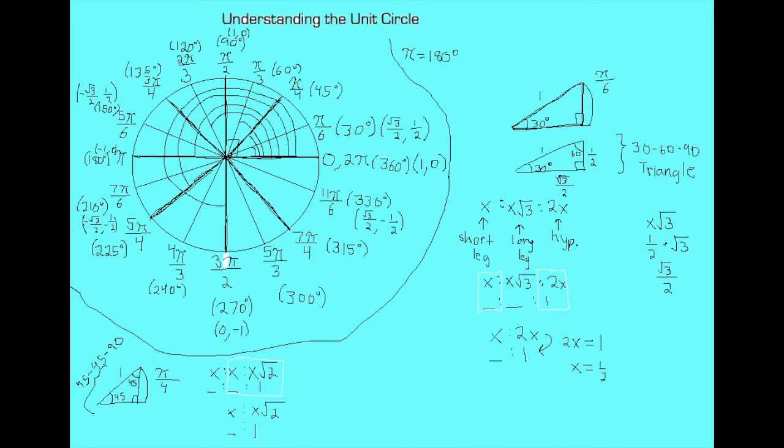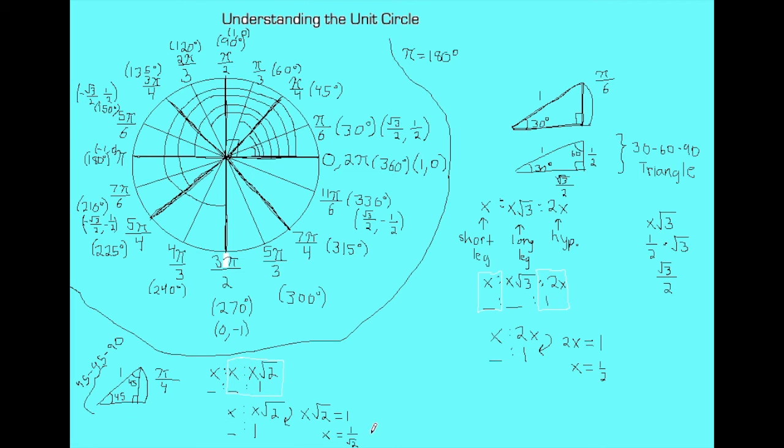I will set the two hypotenuses equal to each other so that we get x root 2 equals 1. Then I will divide both sides by root 2 to isolate x, and we will get x equals 1 over root 2. Now, we need to rationalize the denominator. If you do not know what rationalizing the denominator means, please watch the video on rationalizing the denominator without conjugates, which is linked below.